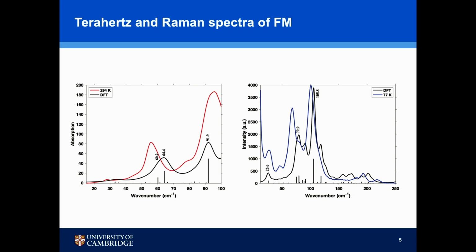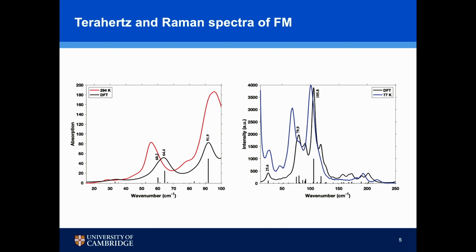To fully understand what those two peaks are and what kind of motions they are, we did DFT calculations for the monohydrate form, and we calculated both Terahertz and Raman spectra. The left side shows the experimental Terahertz spectrum of the monohydrate and also the calculated spectrum.